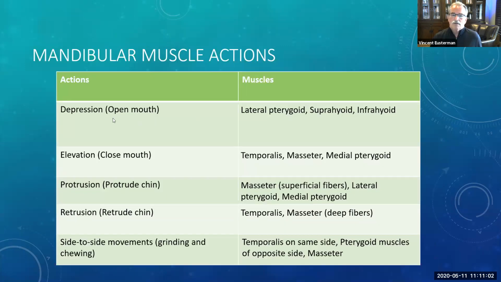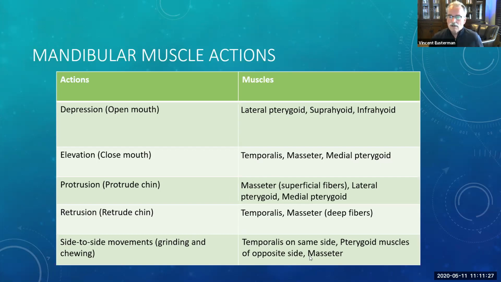Okay, so the primary openers are going to be the lateral pterygoid and the suprahyoids, which I just mentioned, and then some of the infrahyoid that stabilize the hyoid bone. Elevation is, again, through these three major muscles, and they're paired muscles. But the jaw has many different movements: protrusion, retrusion, and side-to-side grinding movement.